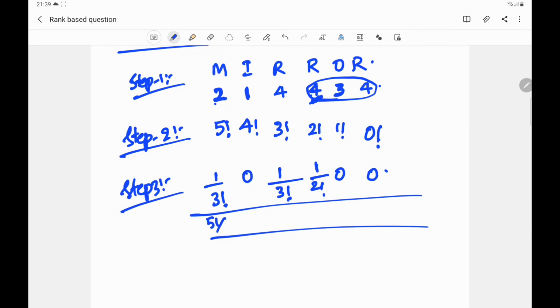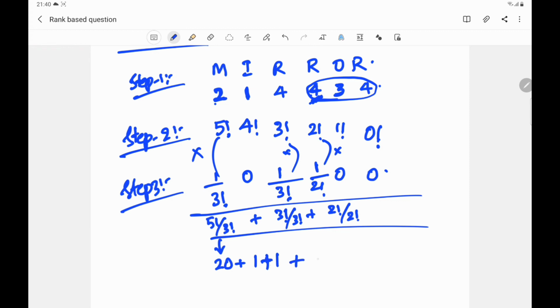This is 5 factorial divided by 3 factorial, plus 3 factorial divided by 3 factorial, plus 2 factorial divided by 2 factorial. After multiplying these, this would be 120 by 6, so this is 20, plus 1, plus 1, and finally we need to add another 1, so we are going to get the rank as 23. This is the final answer.